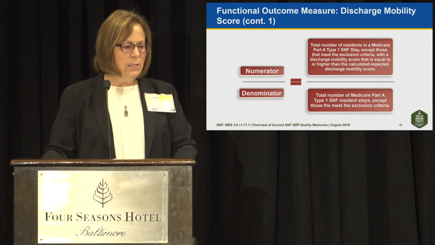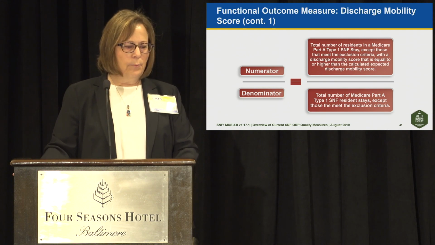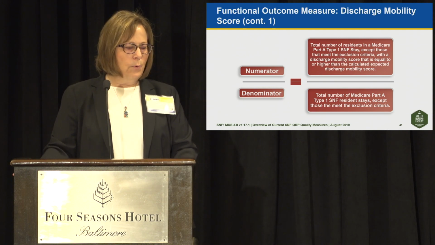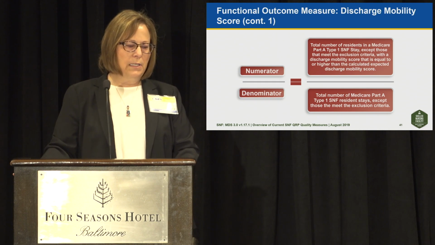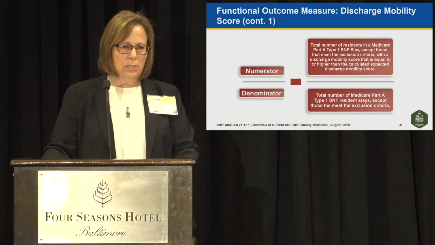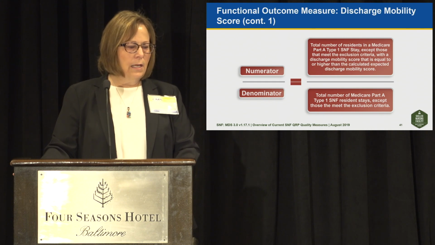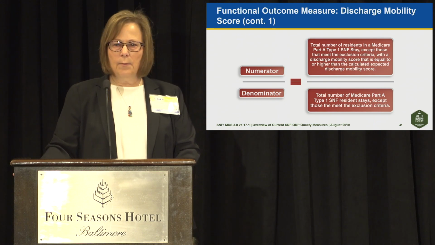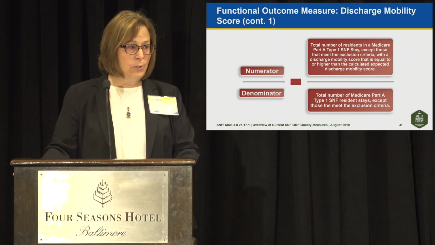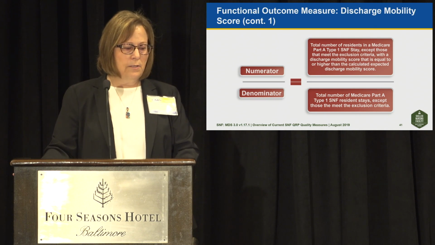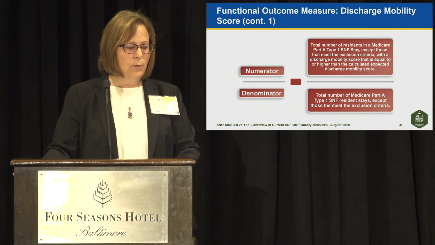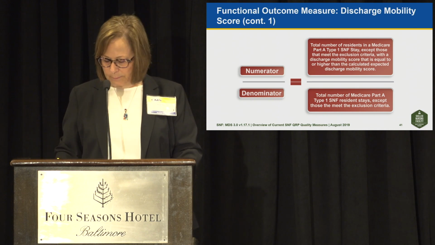So it includes in the numerator the total number of residents in a Medicare Part A Type 1 SNF stay, except those meeting the exclusion criteria, with a discharge mobility score that is equal to or higher than the calculated expected discharge mobility score. And the denominator, as we've seen in our measures so far, includes the total number of Medicare Part A Type 1 SNF resident stays, except those meeting the exclusion criteria.